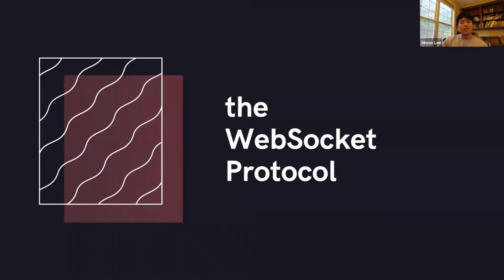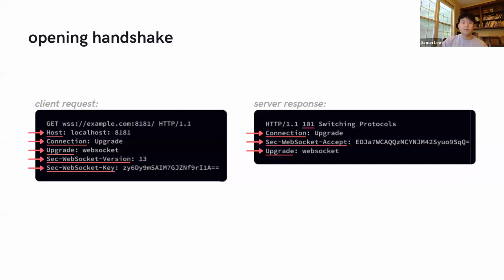So the WebSockets technology has two core parts, the first being the WebSocket protocol. And this is made up of the opening handshake and the data transfer. Here are two very simple and basic examples of what the opening handshake looks like.